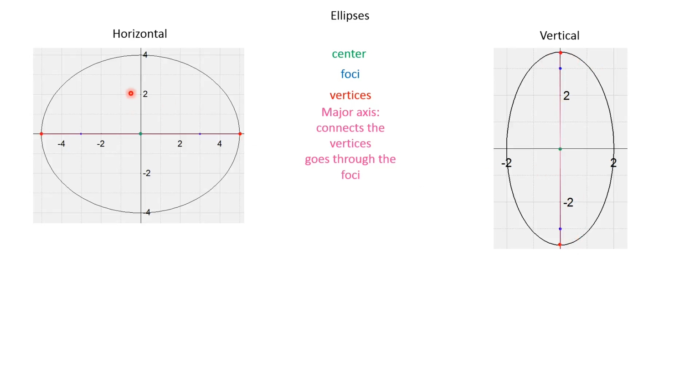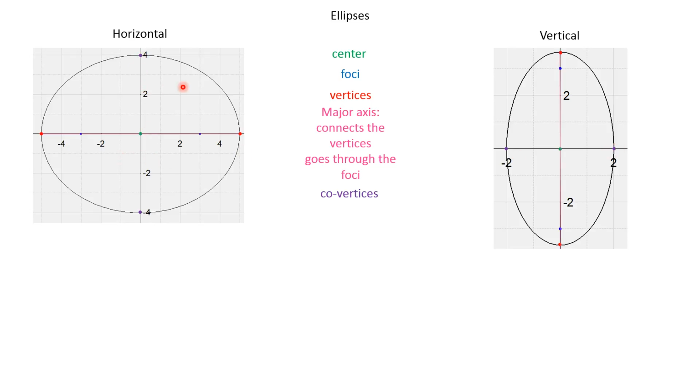Now if we go the other direction, we have what are called covertices. These are not covertices as in they're sneaking out there. They're covertices as in it's kind of like the other vertices, and that's just the shorter of the two distances. So in horizontal, they're going to be vertical, and in vertical, they're going to be horizontal.